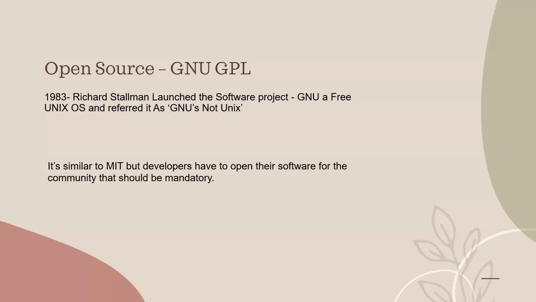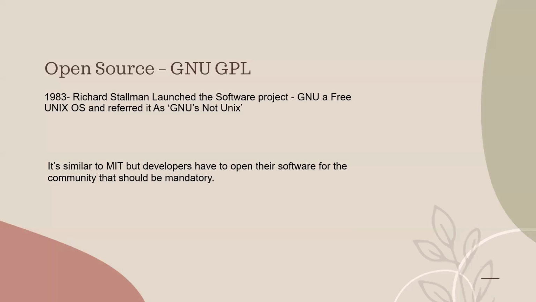If you develop under a GNU based open source license, that means if you take reference of any open source software under GNU license, it is again a constraint. You can use it, you can customize it, and further you can redistribute it either for commercial use or for personal use, but you have to again open it for the community.